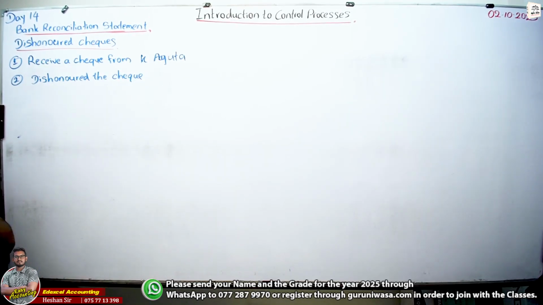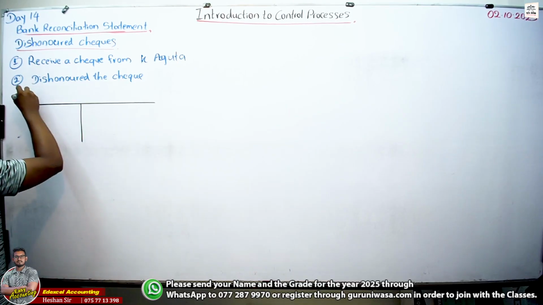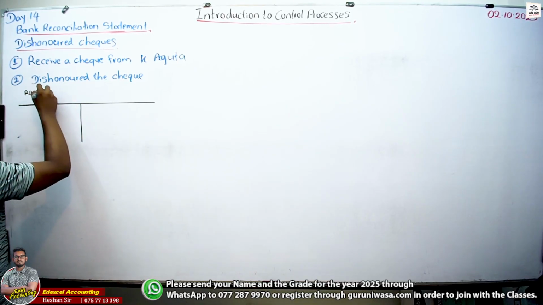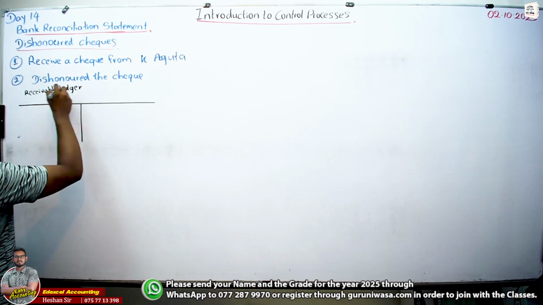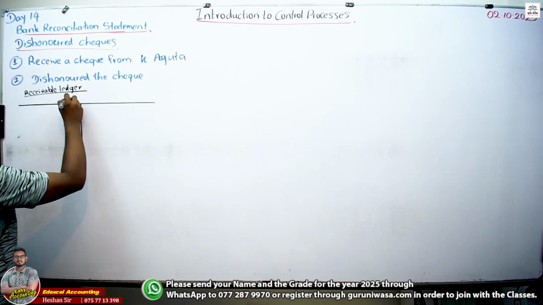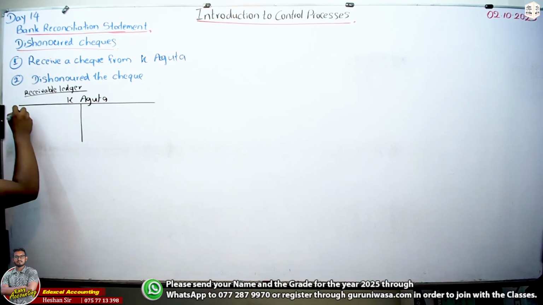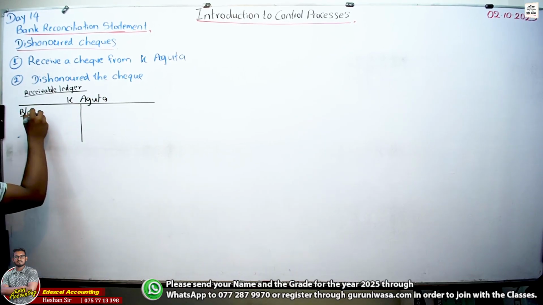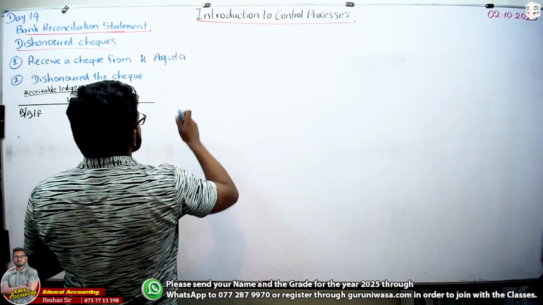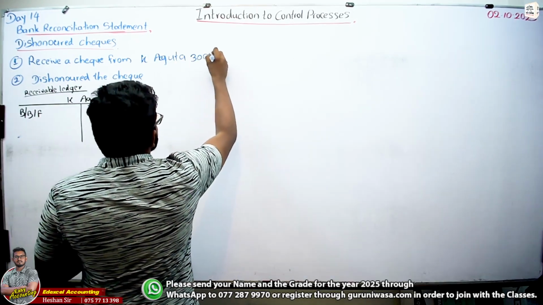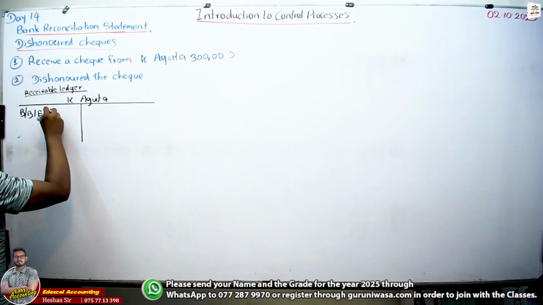First we receive. When we receive, in the receivable ledger there is something called Octa. There was a balance of 300,000.